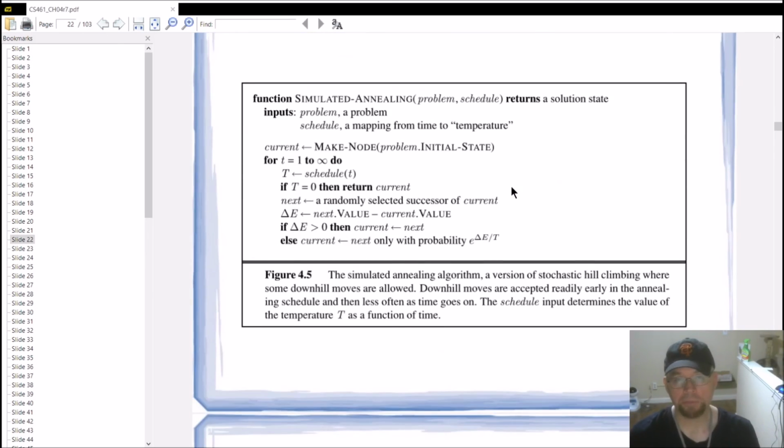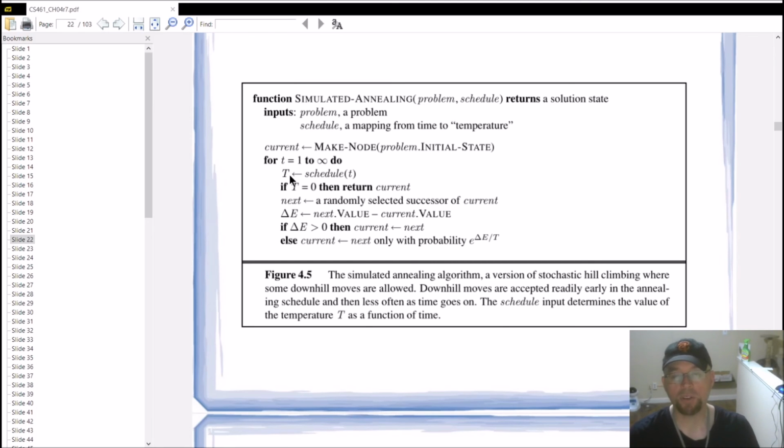So here's the algorithm, and let me point these parts out. Go ahead with your very first node, your initial state. Here's time. That's T. That's a loop. Time is advancing. So you have a schedule function that you feed the time into, and then that returns some kind of a temperature.